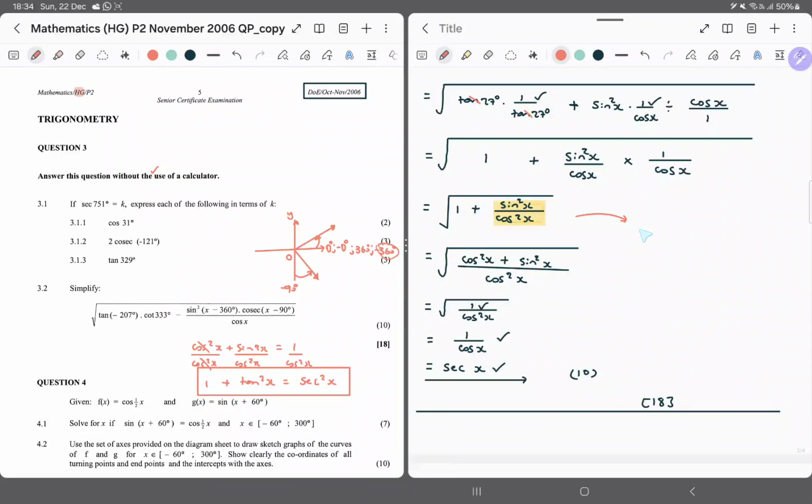So here you could have chosen to go this route. Say, okay, this is 1 plus 10 squared x, which we can see is sec squared x. The square root of sec squared x is just sec x. Maybe it's even easier and shorter, whatever.